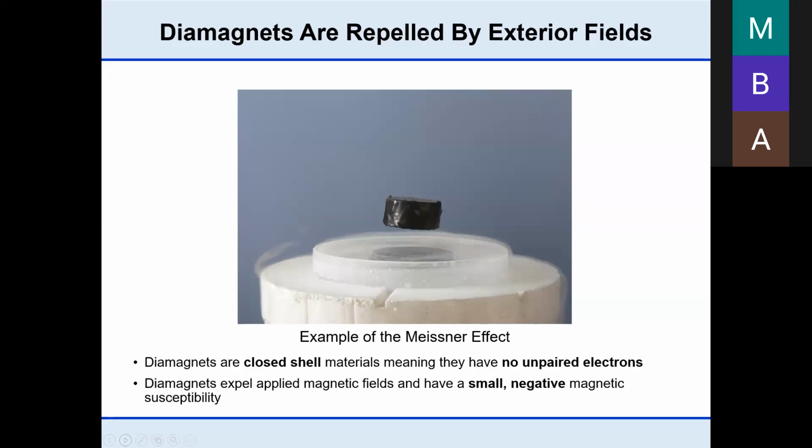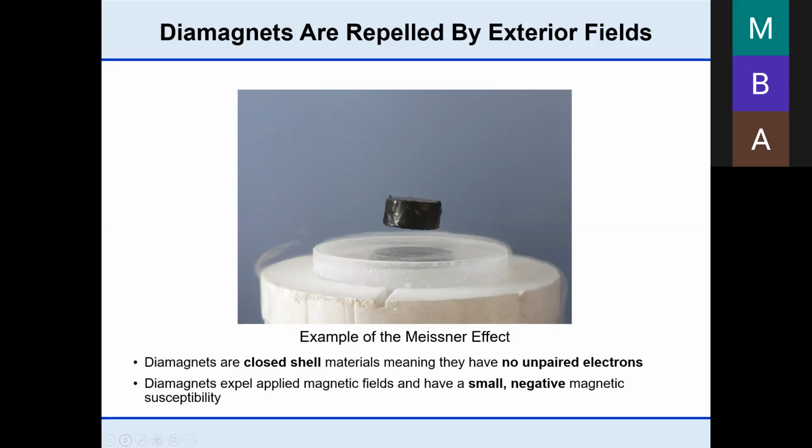which produce fields in opposition to the applied field. So this gives rise to a small negative magnetic susceptibility and a repulsive interaction between your chunk of material and the field. Illustrated here in the picture is an example of what's called the Meissner effect, where instead of an ordinary chunk of material which has finite resistance, we have a chunk of superconducting material which has zero resistance to electric current.